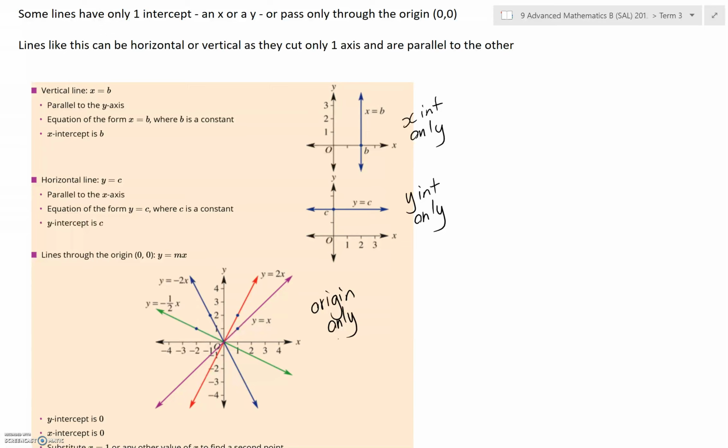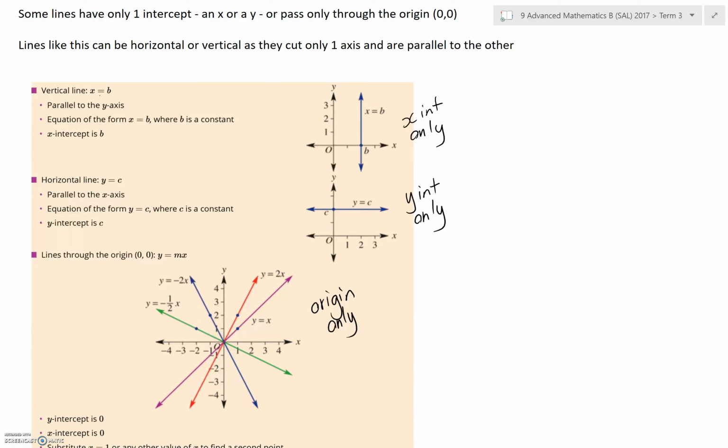Lines that are horizontal or vertical, like the first two examples, not only cut only one axis, but they're also parallel to the other axis. So you can see with the first one, it's a vertical line. It only cuts the x-axis, and it cuts the x-axis at point b. So you can see it's the vertical line x equals b, where b is the value on the axis where it cuts.